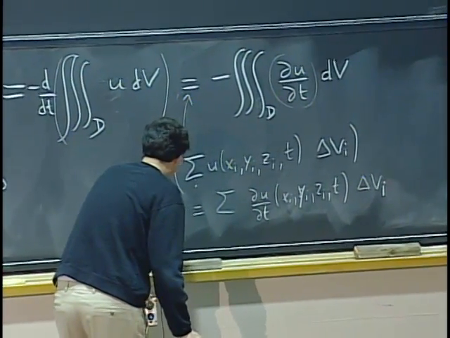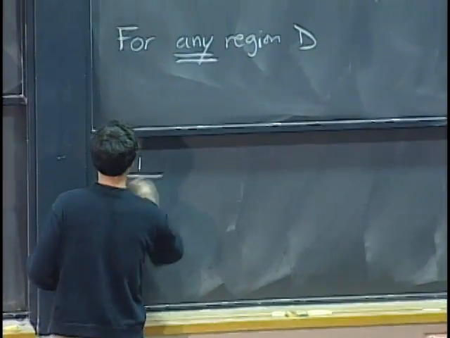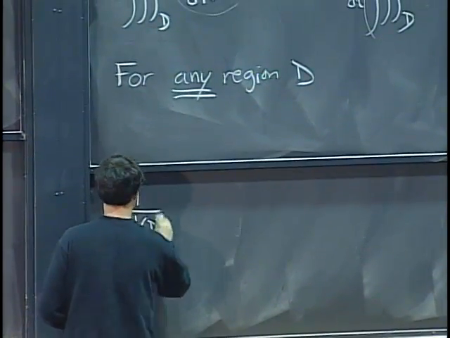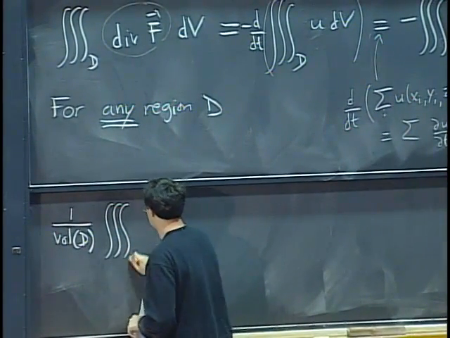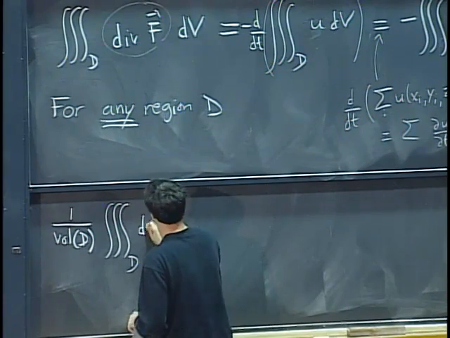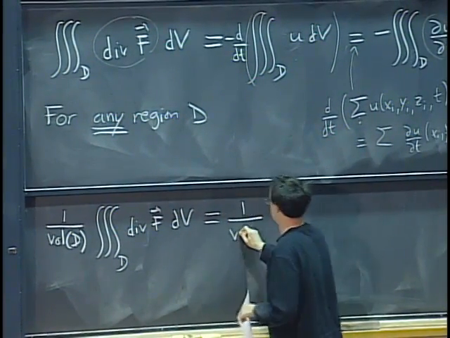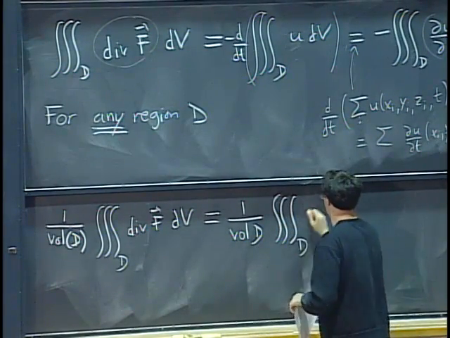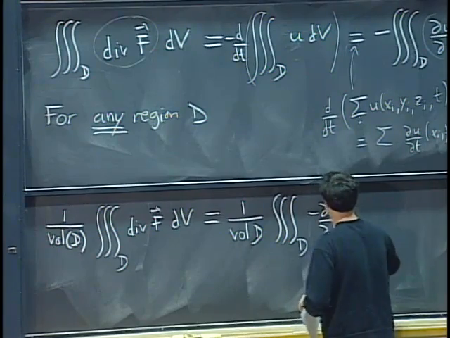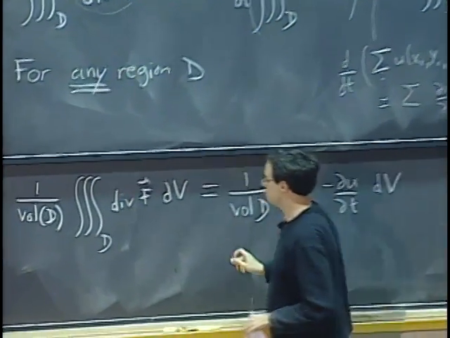Well, let me actually explain that a tiny bit better. So what I get is that 1 over, let me divide by the volume of D. Sorry. I promise I'm done in a minute. Is the same thing as 1 over volume D of the integral of negative ∂u/∂t dV. So that means the average value, okay, maybe that's the best way of explaining it.